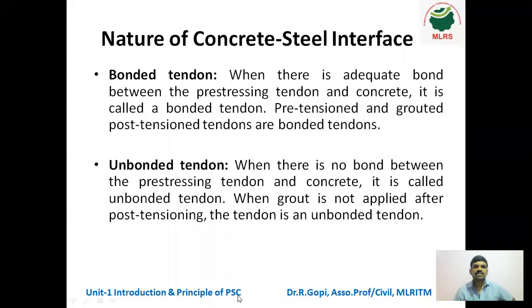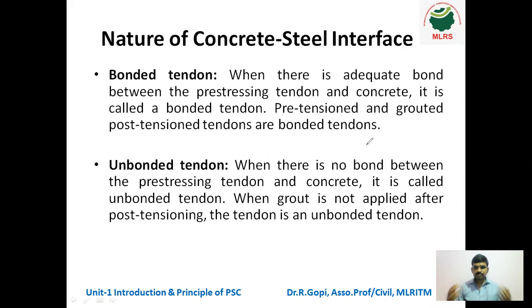Next, nature of concrete-steel interface. Bonded tendons. When there is adequate bond between the prestressing tendon and concrete, it is called a bonded tendon. Pre-tensioned and grouted post-tensioned tendons are bonded. Bonded means, suppose a high tensile wire is there. In case of pre-tensioned concrete, initially the tendons are tensioned.